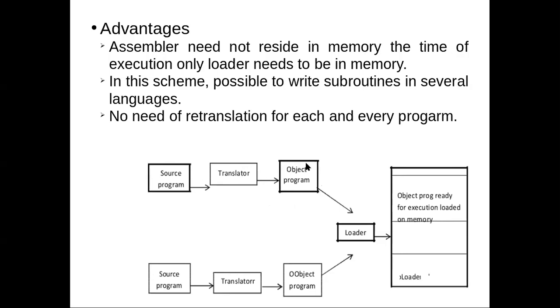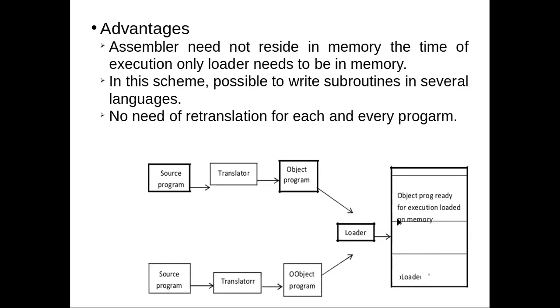Whenever we want to execute this program, only at that time we will load the corresponding object program into the memory. Immediately after the output of the assembler, we are not directly storing it into the memory. Only when we want to execute this particular program, we load the output of the assembler in object deck form into the memory, and that is performed by the loader.